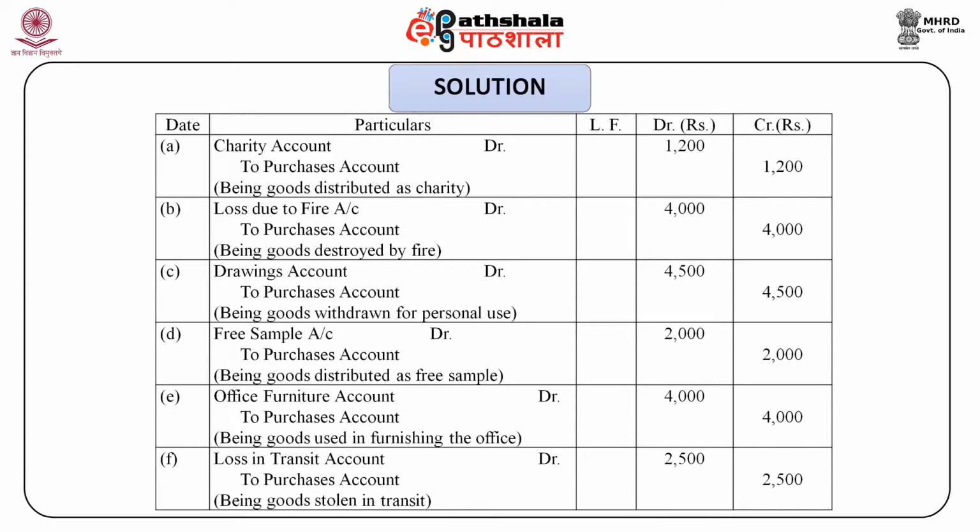B. Goods destroyed by fire. Sale price rupees 5000, costing rupees 4000. The entry will be loss due to fire account debited by 4000 rupees to purchases account credited, as the goods have been destroyed by fire.